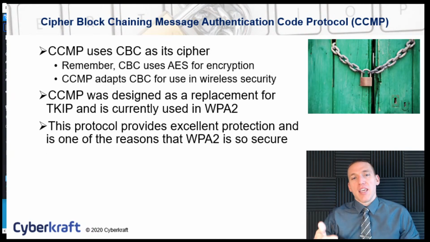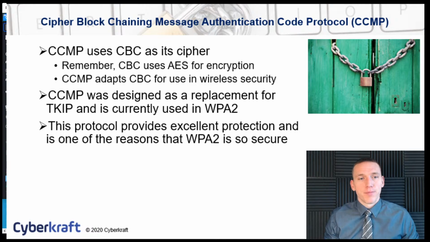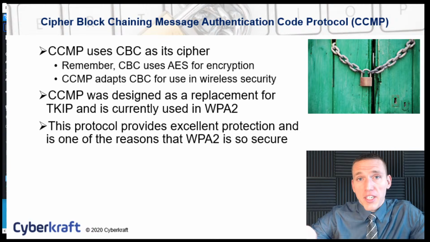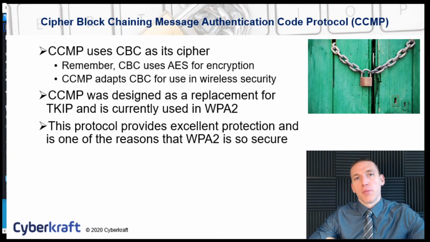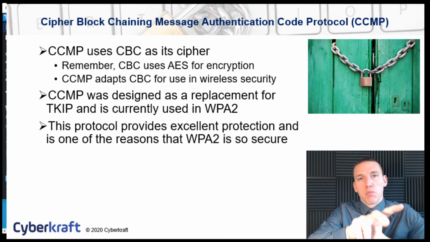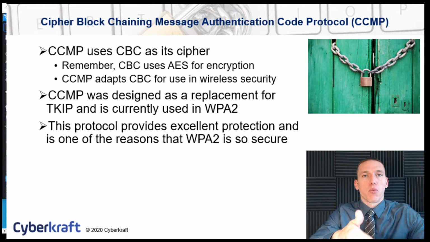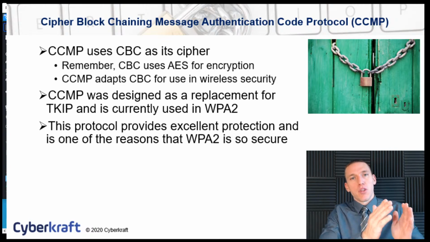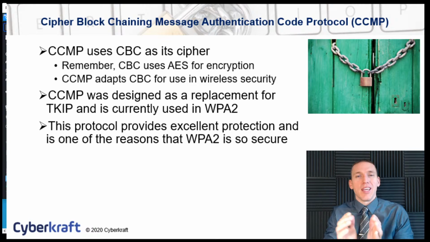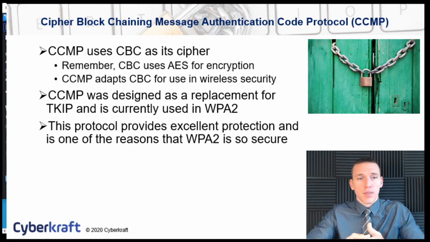So Cipher Block Chaining Message Authentication Protocol, or CCMP, uses cipher block chaining as a cipher. Remember, cipher block chaining will encrypt data in blocks, and each block will rely on the encryption of the previous block, and those blocks are encrypted in a series or a chain.